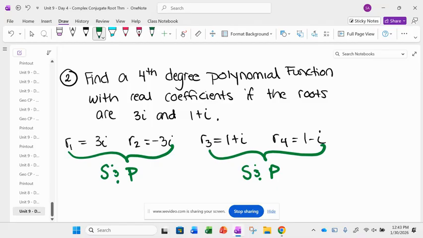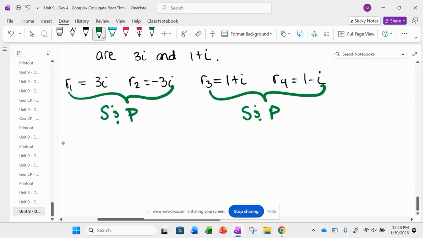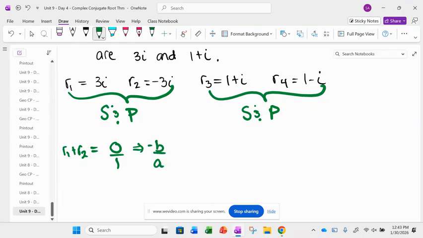And then once I find those two factors, then what should I do? Multiply them together. Exactly. So let's do root 1 plus root 2. That's going to be 0 over 1, right? 3i plus a negative 3i is 0. That's okay. That is allowed. That's negative b over a.